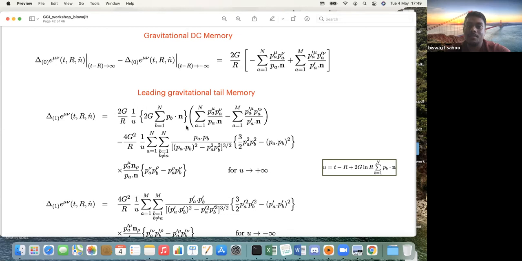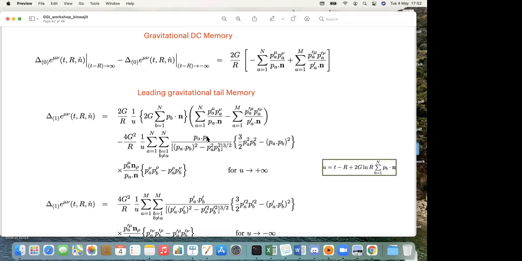You can trust this formula when u is of order G times m, so this term is order 1. That means the leading and the tail terms are of the same order, and the tail is not tiny with respect to the gravitational memory. But if you go strictly to u of order r, up to that large time, then obviously this is subdominant relative to the leading memory.